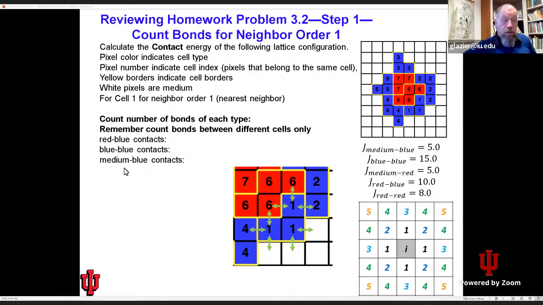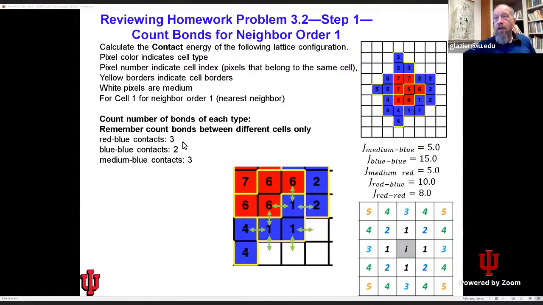There are no red-red because my cell is blue. And so if I look at my cell here, it has 1, 2, 3, 4, 5, 6, 7, 8 units of surface. And if I go around, I have 1, 2, 3 units of red-blue surface, 1, 2 units of blue-blue surface, 1, 2, 3 units of blue medium surface.